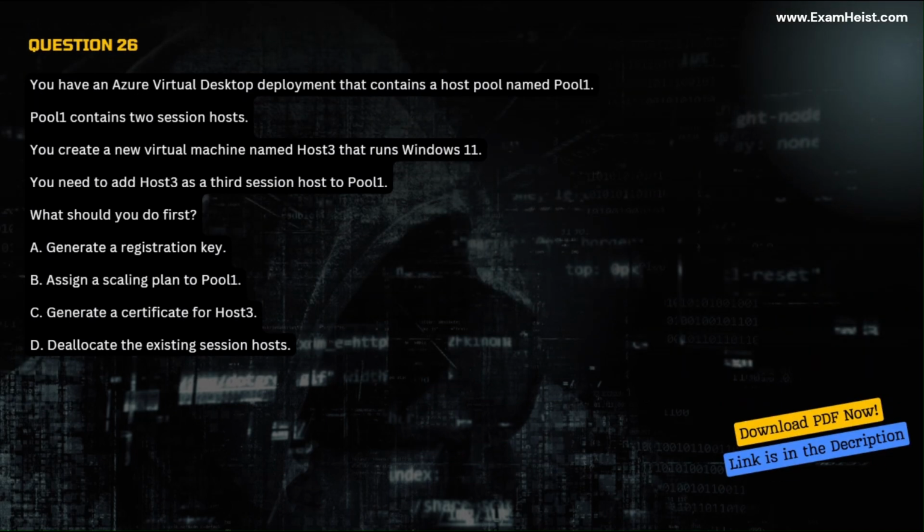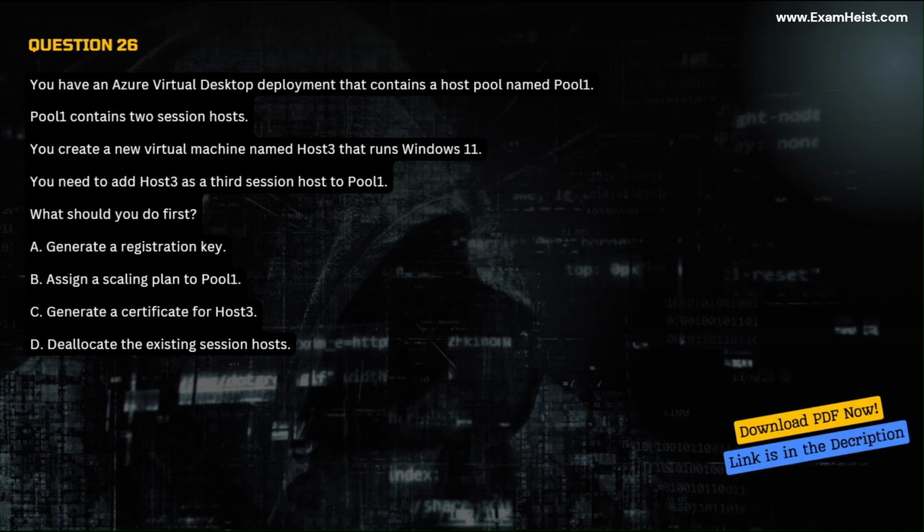Question 26. You have an Azure Virtual Desktop deployment that contains a host pool named Pool1. Pool1 contains 2 session hosts. You create a new virtual machine named Host3 that runs Windows 11. You need to add Host3 as a third session host to Pool1. What should you do first? A. Generate a registration key.